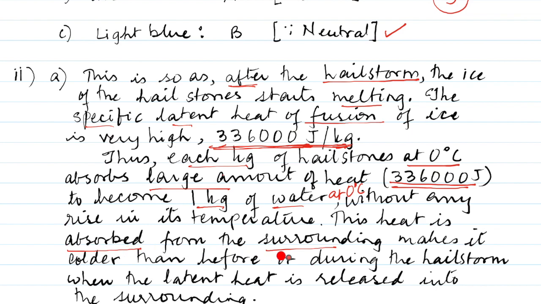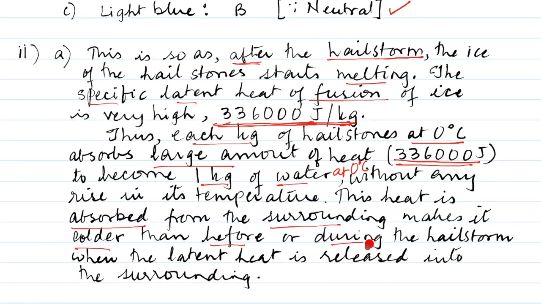When it is absorbed from the surrounding, obviously the temperature will be lowered. So it will become colder than before or during the hailstorm. When, during or before the hailstorm, the latent heat is released into the surroundings, so it will be warmer. Okay, so this will be for 2 marks. All give reasons are 2 marks. So for writing this and then to write this part, that will be 1 mark and 1 mark.